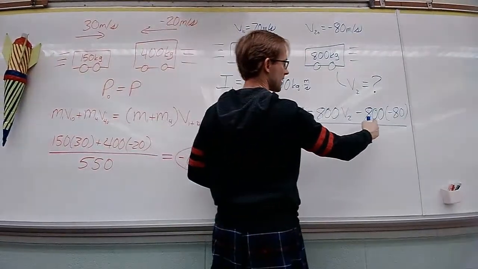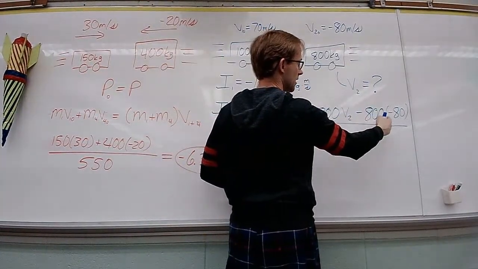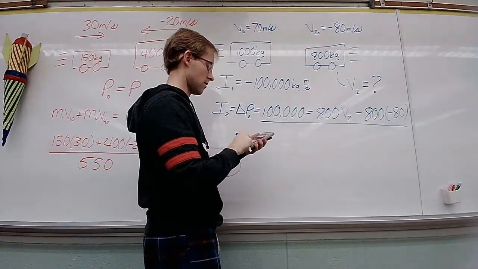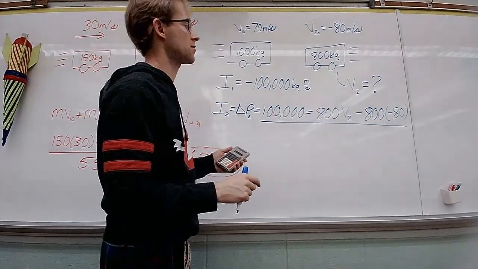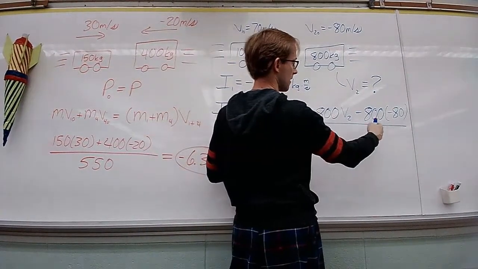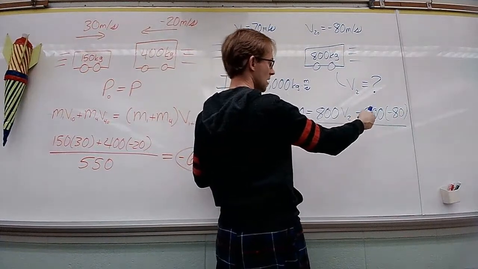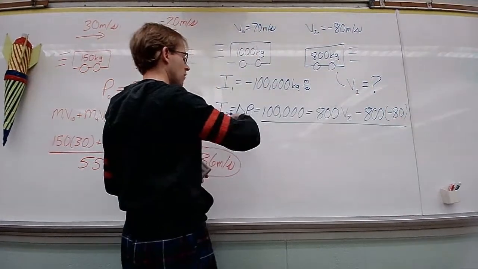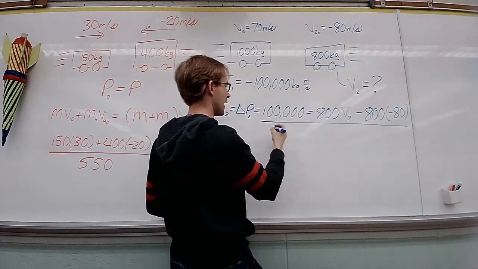I want to get this to the other side. 800 times 80 is 64,000. And that negative is going to cancel out that negative. So then when I pull it over to the other side, it's going to become negative again.